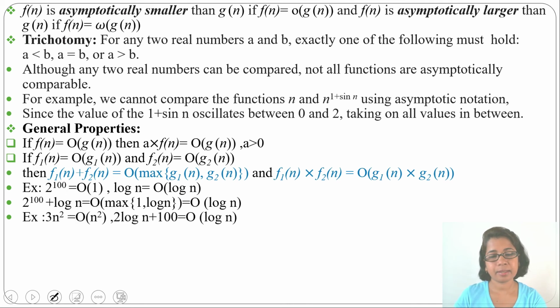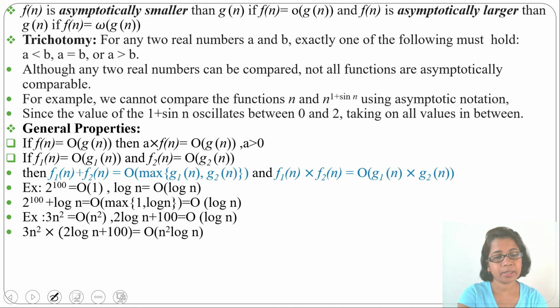Let's see another example for multiplication. If 3n square equals big O of n square and 2 log n plus 100 equals big O of log n, then the multiplication of these two will be n square times log n. So you can write big O of n square log n.